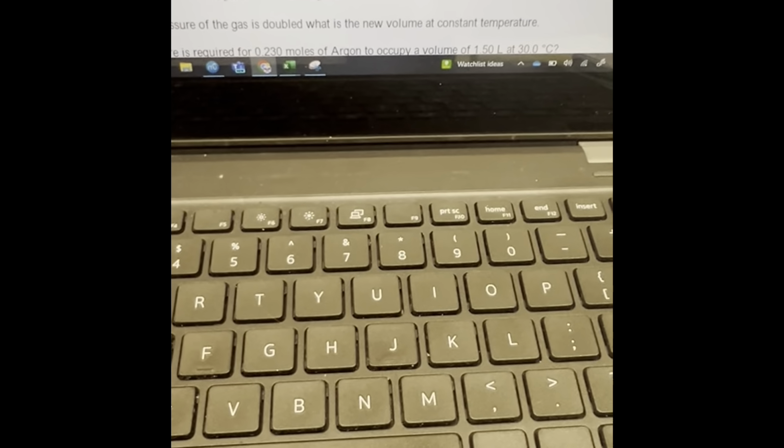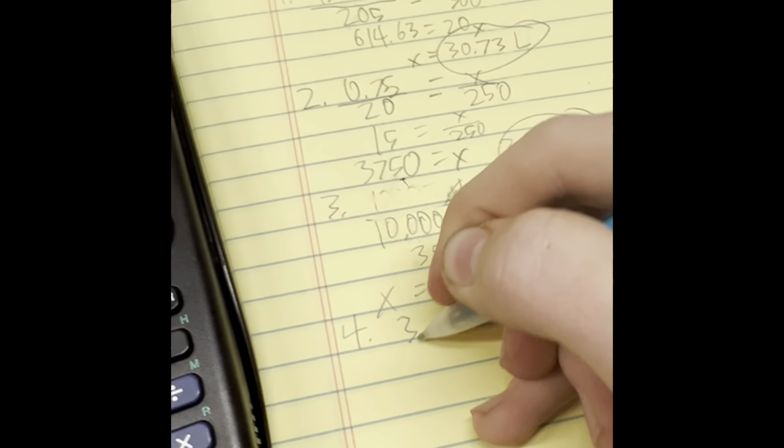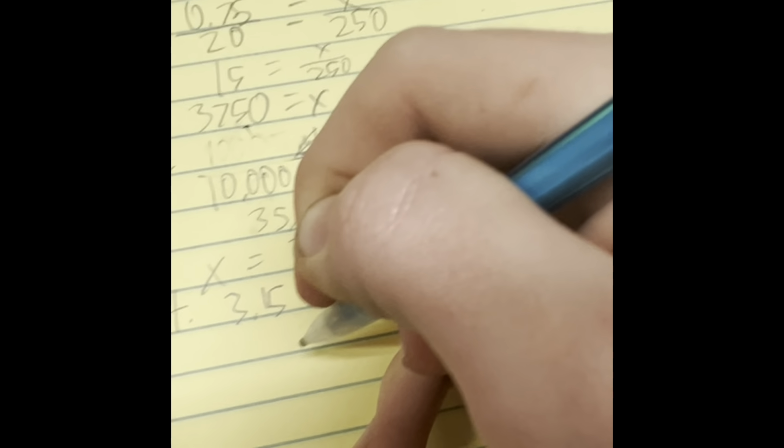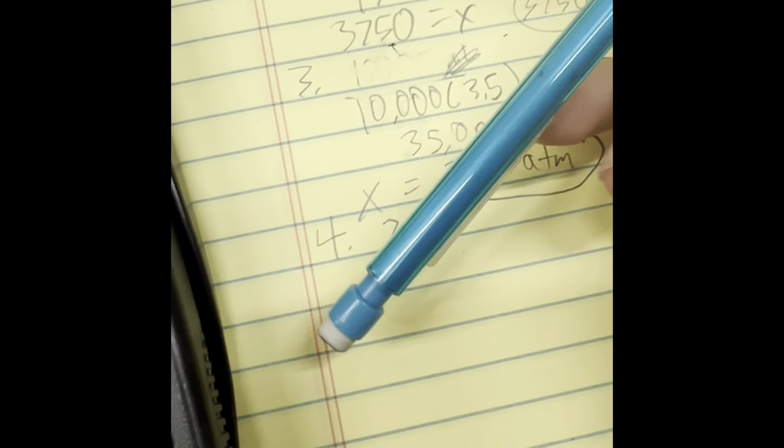Suppose you had... Okay, so now we're doing combined gas law again because we have all 3 variables. So it's going to be 3.15 liters. Wait, combined gas law. I'll do pressure first.